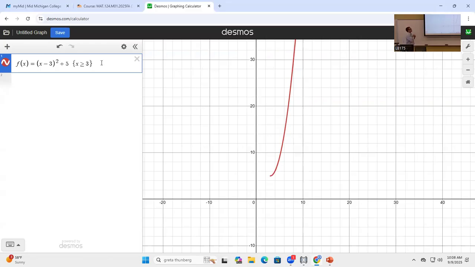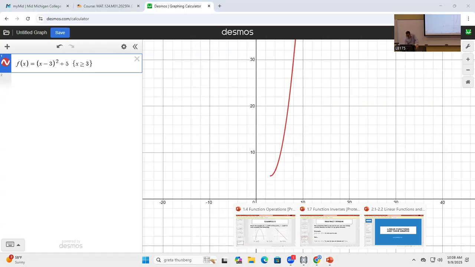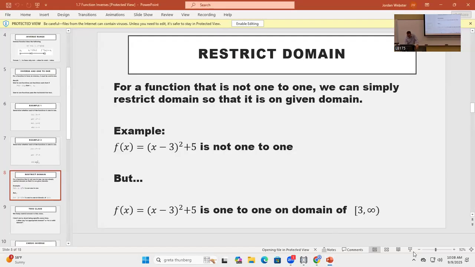So the question is, can we find an inverse? Well, we can find a proper inverse on this restricted domain, but we can't find an inverse over the entirety of the real numbers.